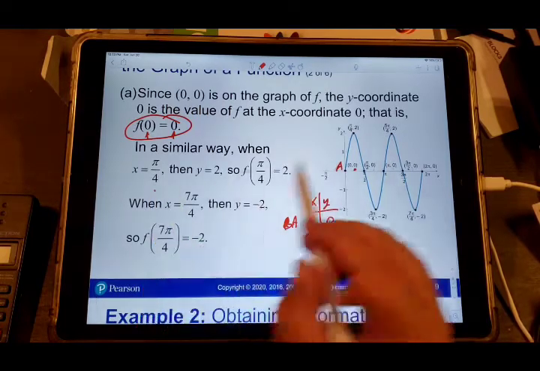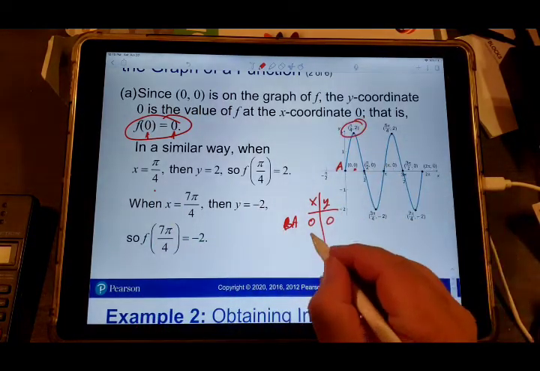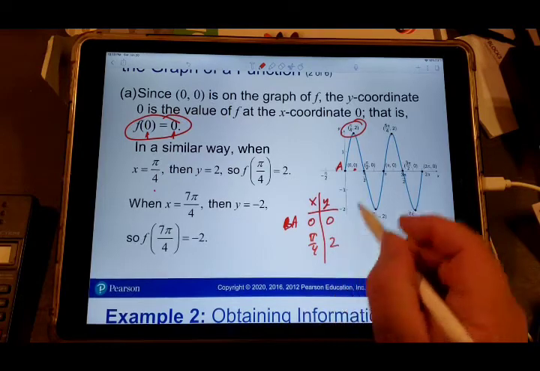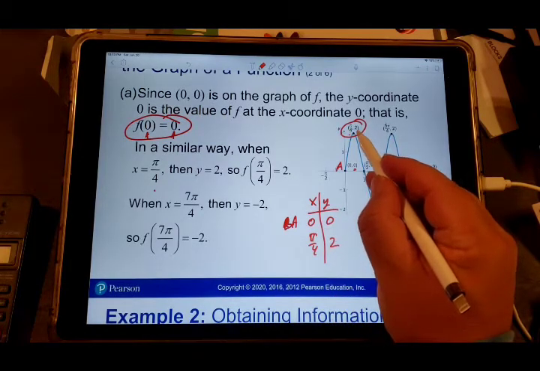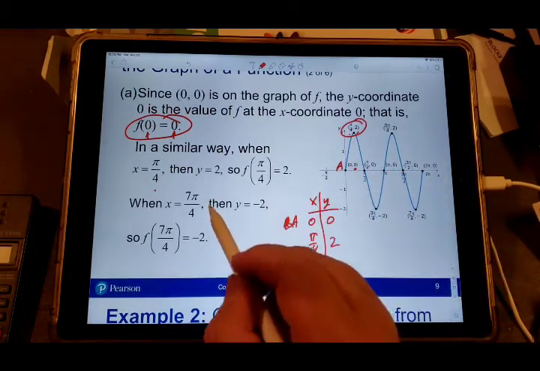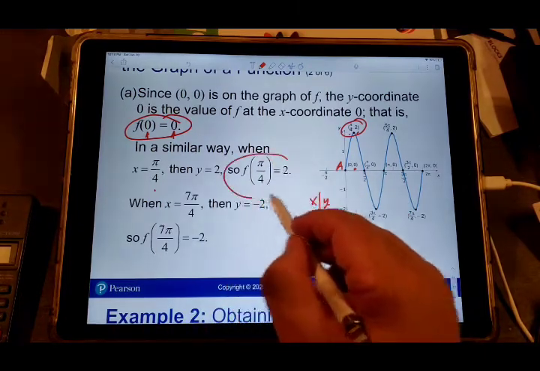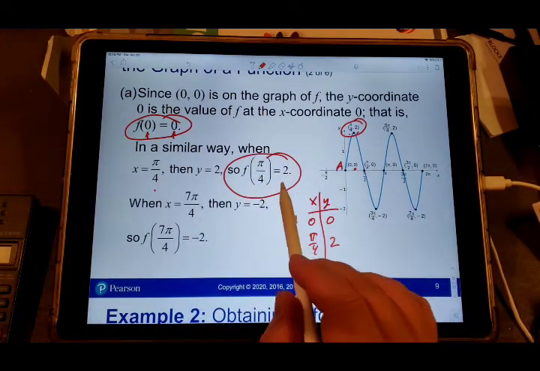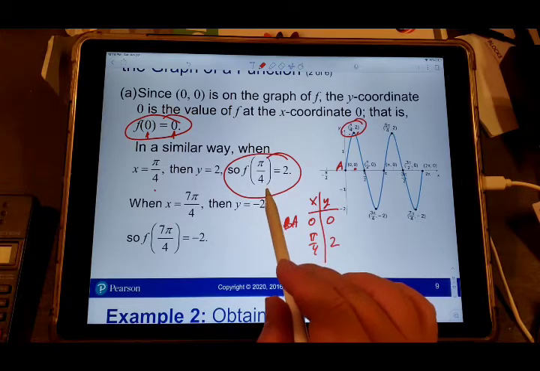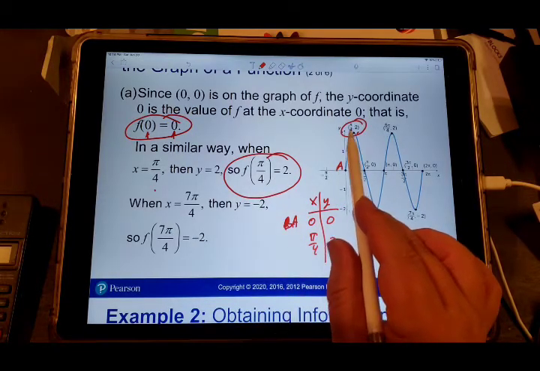And they're saying what happens at pi over 4? Here it is. At pi over 4, the result is 2. Right? And so to write that in function notation, f of pi over 4 equals 2. Make sure you keep the order properly lined up here.